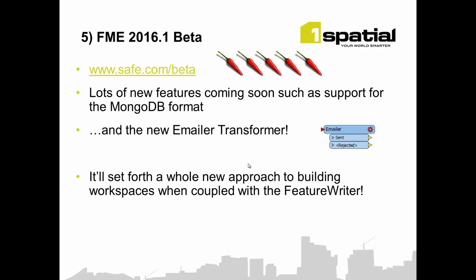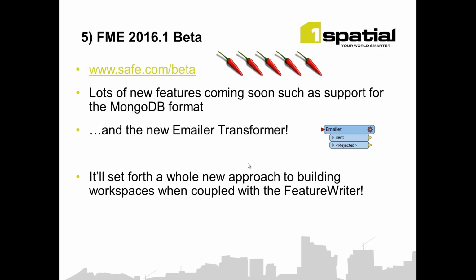FME 2016.1, the beta was launched last night at about 3 in the morning UK time. In that beta there will be starting to filter in some of the 2016.1 new features that SAFE have talked about. So for example, there will be support for MongoDB at some point soon.